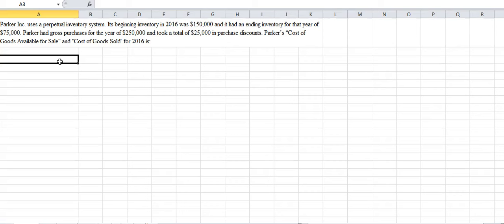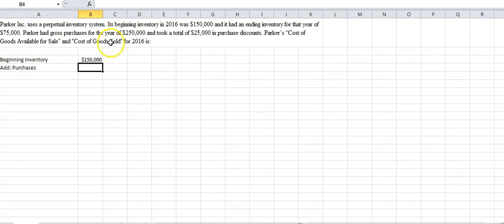So let's begin. Let's start off with beginning inventory. Beginning inventory is going to be 150,000, right? That was our beginning inventory. And to that, we're going to add our purchases, right? So how much did we purchase? Add purchases.